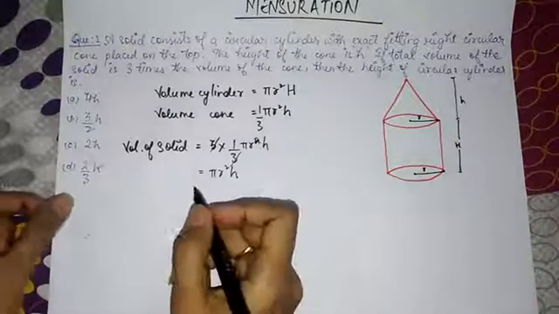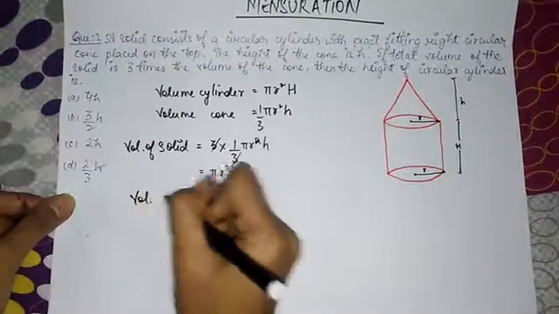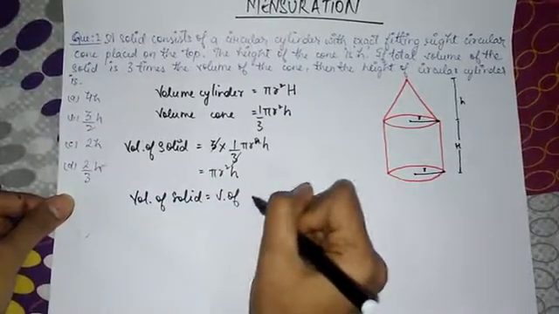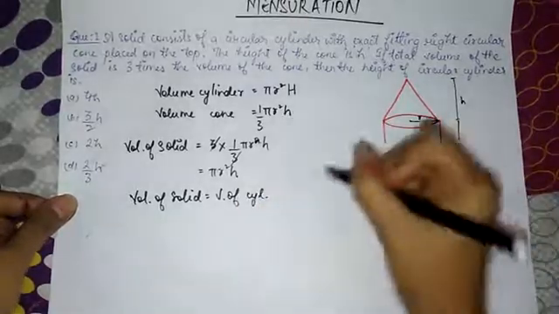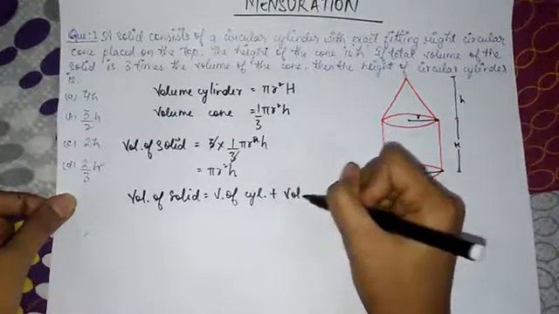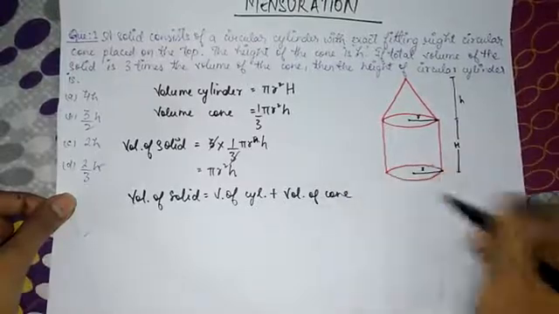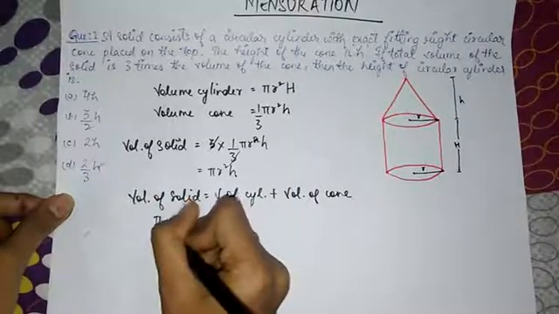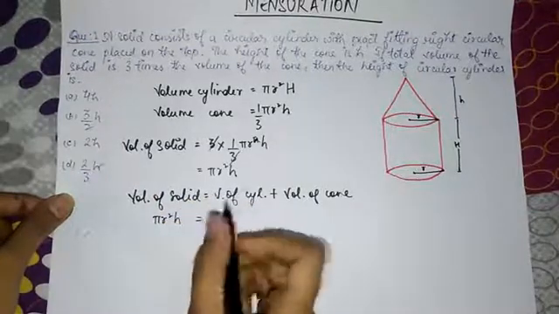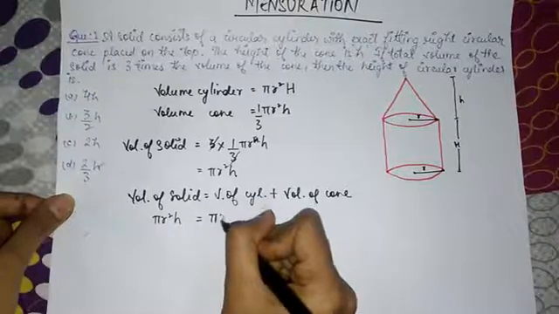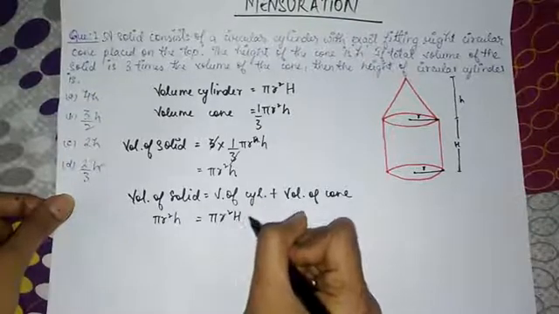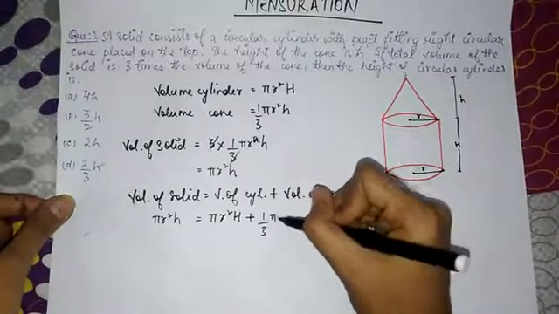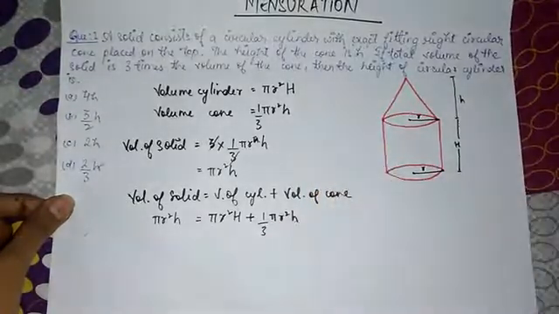We can write it volume of solid is equal to volume of cylinder plus volume of cone. Volume of solid we have here pi r square h is equal to pi r square H and 1 by 3 pi r square h.